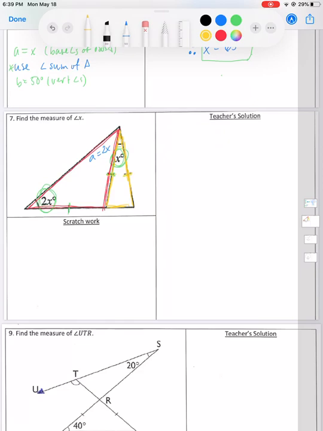It's also isosceles, which means that the two bottom angles, we can say B and C, are also equal. So A is equal to 2x, B equals C. There's a lot of variables in here, so let's see what we can do with them. The first thing that comes to mind might not be the easiest thing, but let's see what we can do.